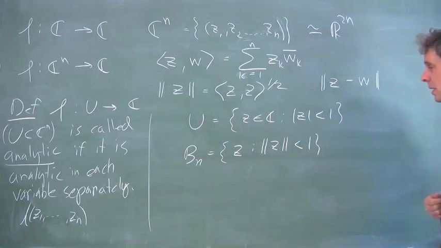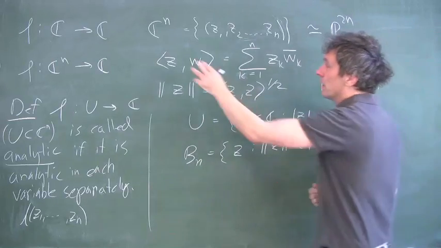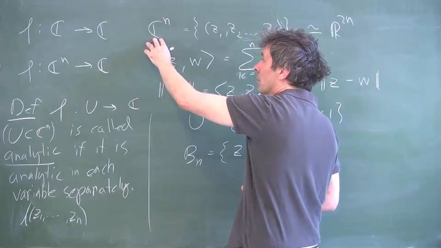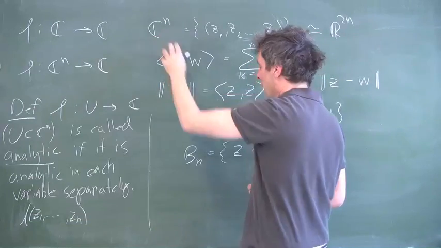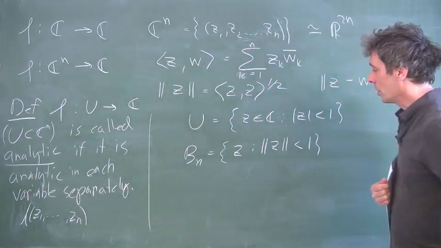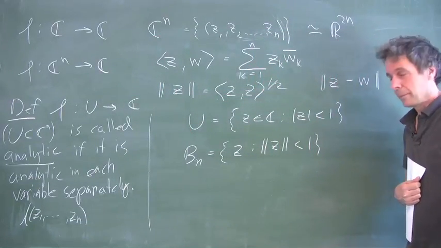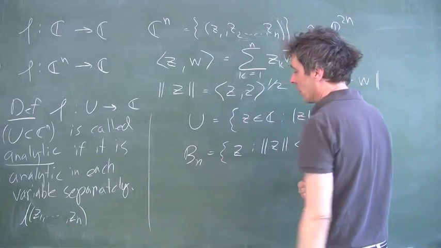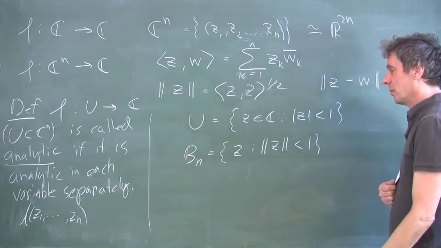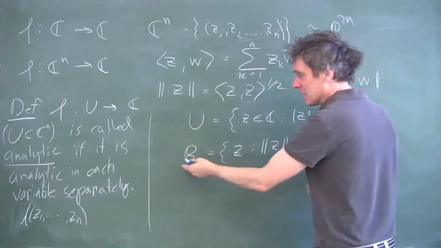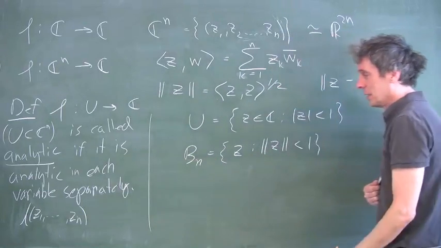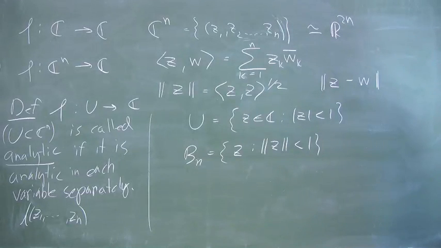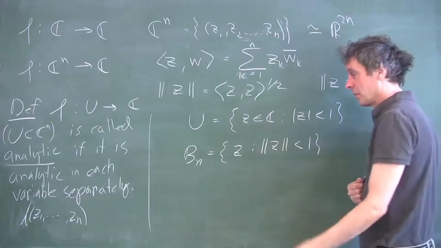So if you consider this vector space to be a real vector space of dimension 2n, then this is just the ordinary unit ball. But as it turns out, very often this is not the most convenient set to study analytic functions of several variables.